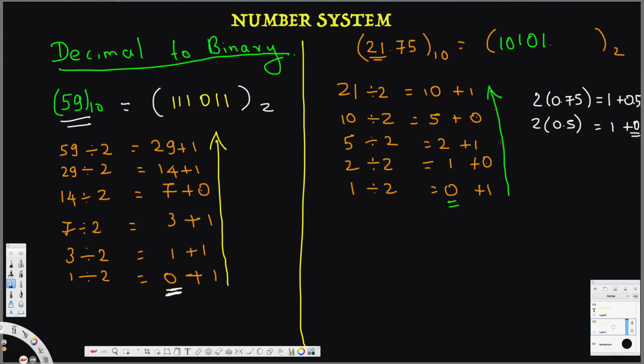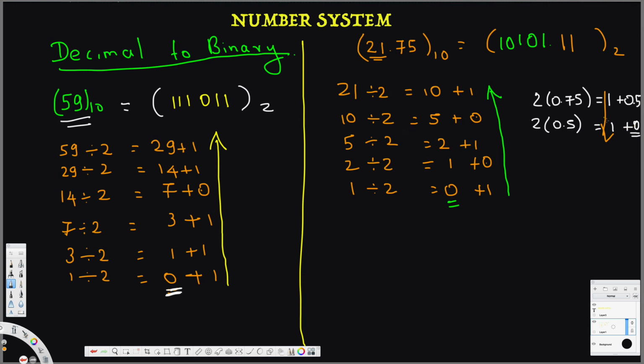For this one we go from top to bottom. The previous number, the whole number, is the one we count. So this is just 1 here. Okay, and that's the conversion for this one from decimal to binary.